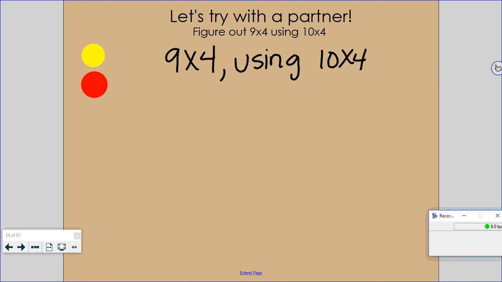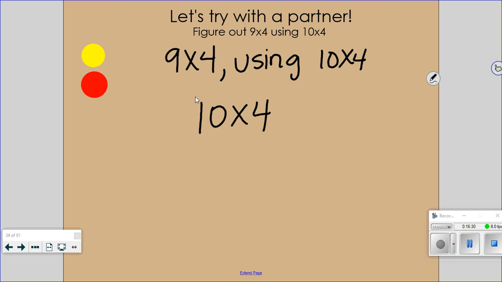Okay. I saw a lot of arrays, and I love that. In the essence of time, I'm not going to draw an array, but I am going to draw that equation. So I had 10 times 4. What was 10 times 4? That's an easy one, Miranda. It is not 26.